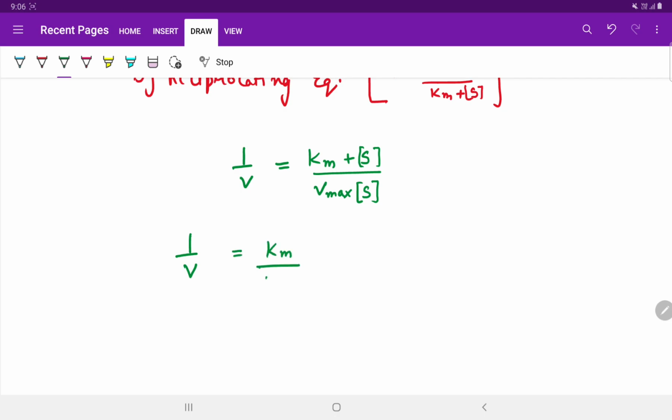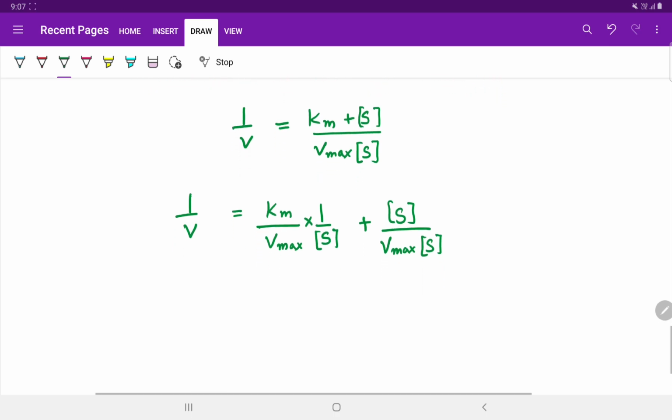that Km upon Vmax multiplied by this. So this is just a simplification of the equation, and it can also be written as substrate concentration divided by this. The denominator remains the same.